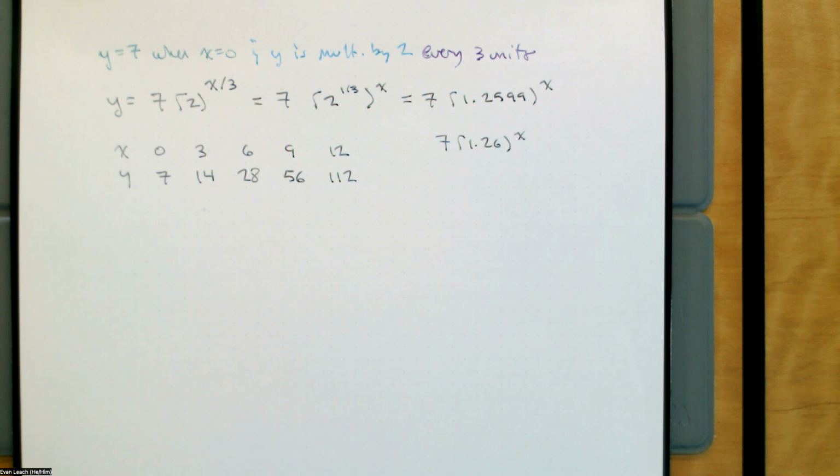Exponential functions are repeated multiplication. That's why they're exponential functions. And their rate of change is proportional.